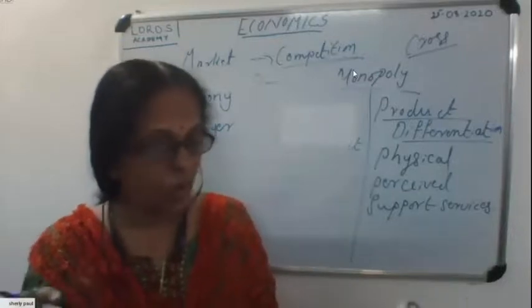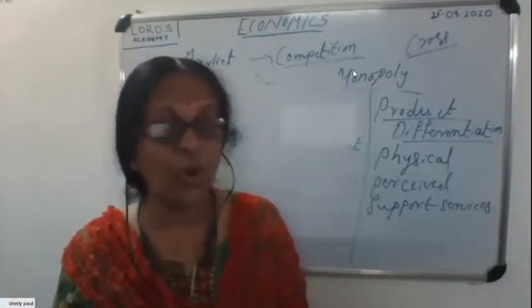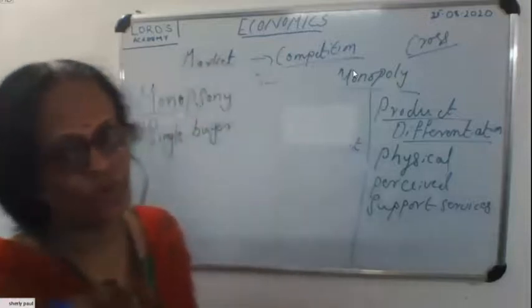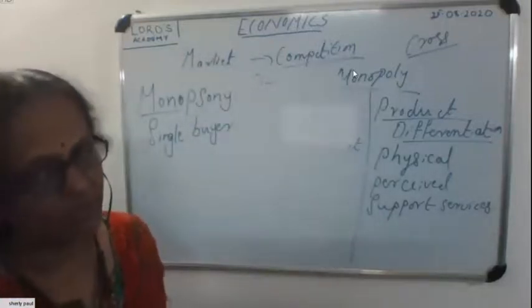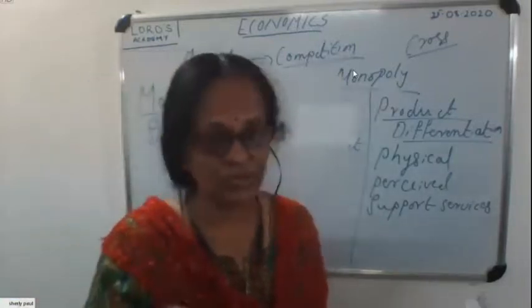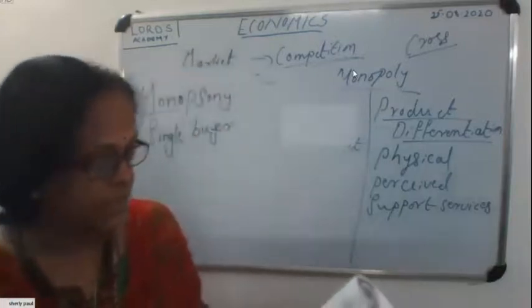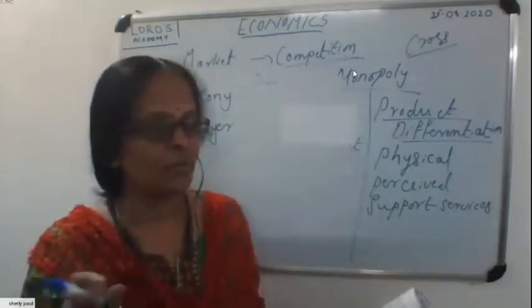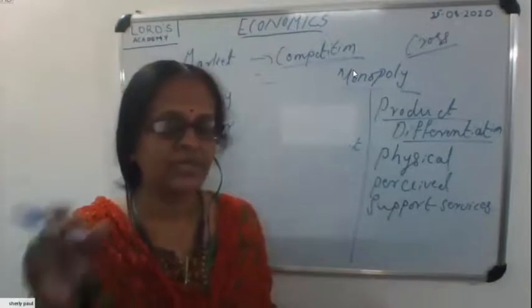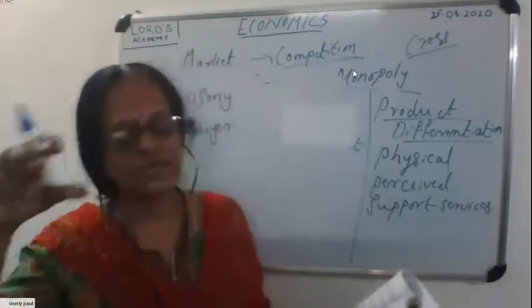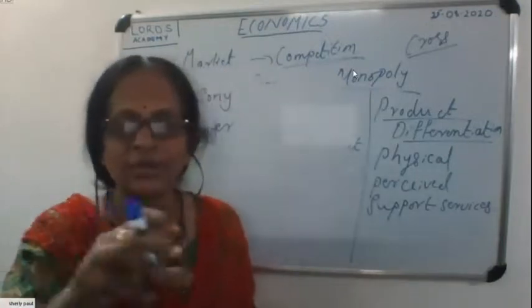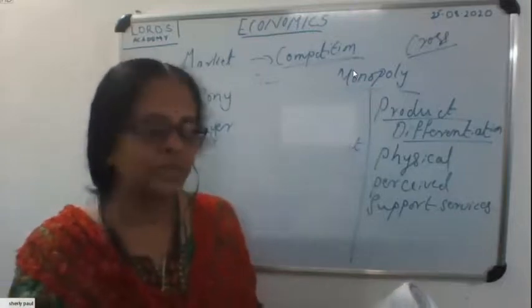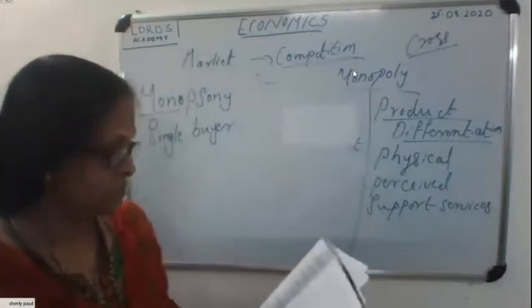The older phrase was monopoly buyer. Monopoly means a single producer, but for a single buyer they use the word buyer. If you use the words monopoly buyer, it logically does not give the right meaning. Therefore, they changed it to monopsony.